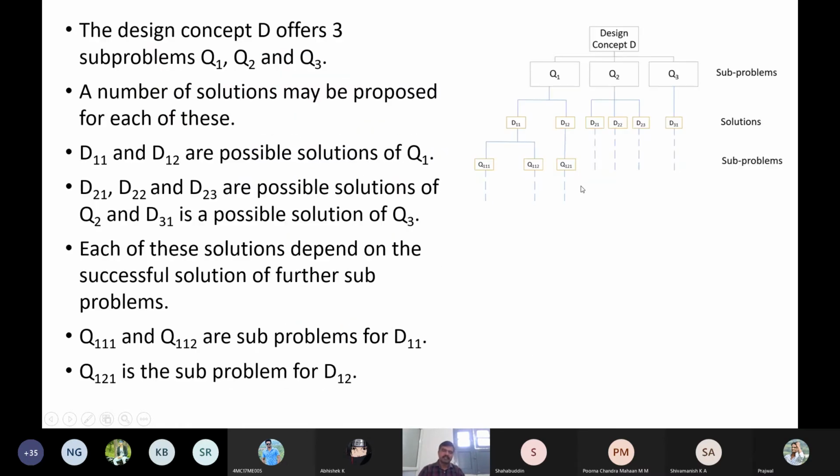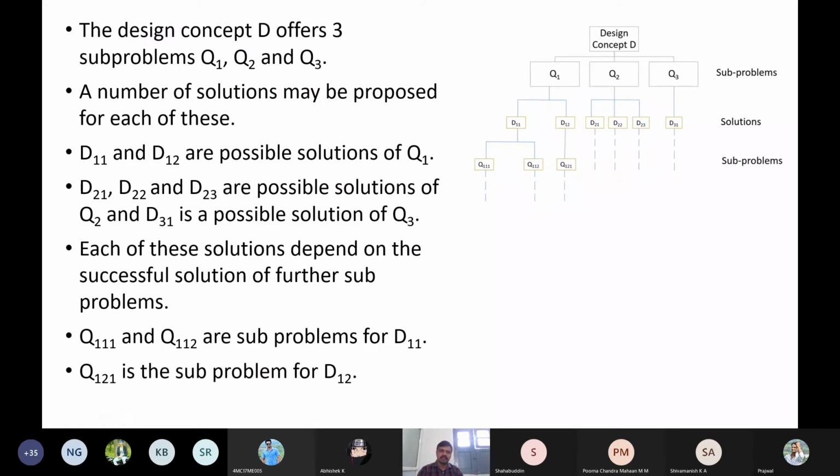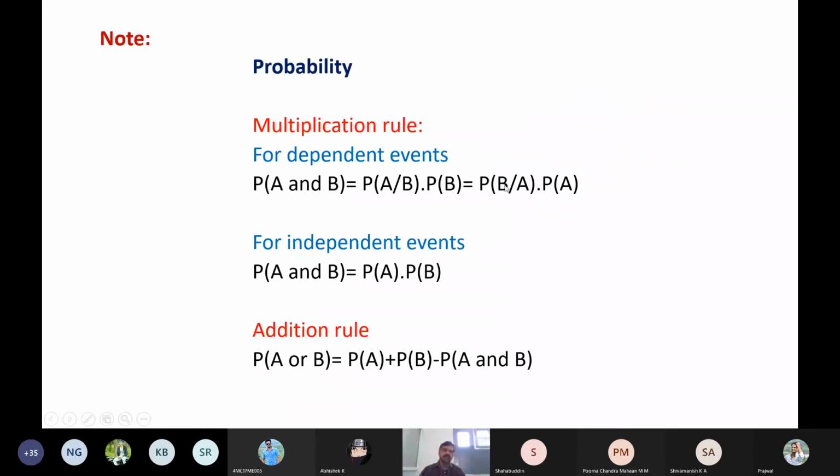So next, in order to find out the physical realizability of a design concept, we are going to make use of probability rules: multiplication rule and addition rule. In the multiplication rule, there are two possibilities: dependent events and independent events.